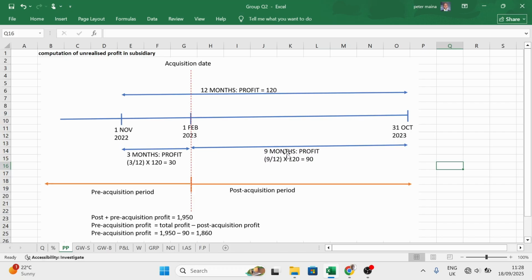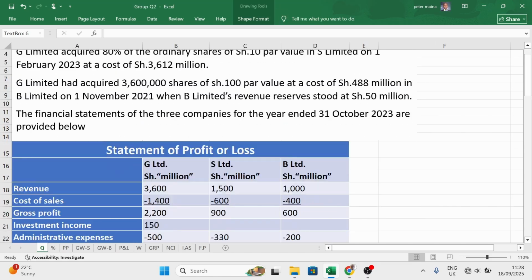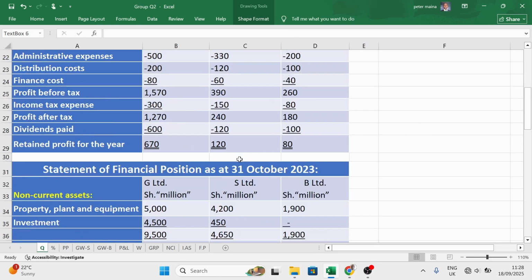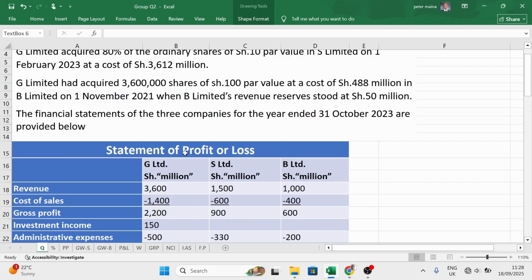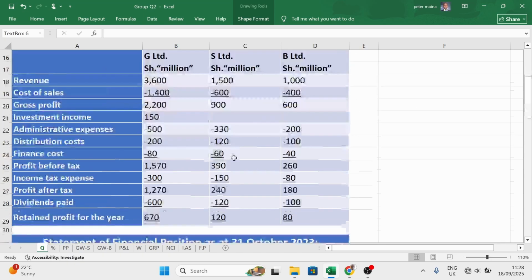If you go to the income statement, you are going to see the profit that was made between 1st November and 31st October. So let us go back to the question and see what profit S Limited made. This is the statement of profit or loss, for the year ended 31st October 2023.